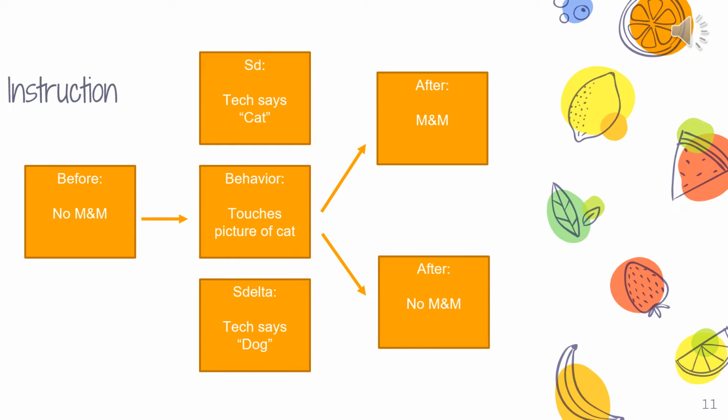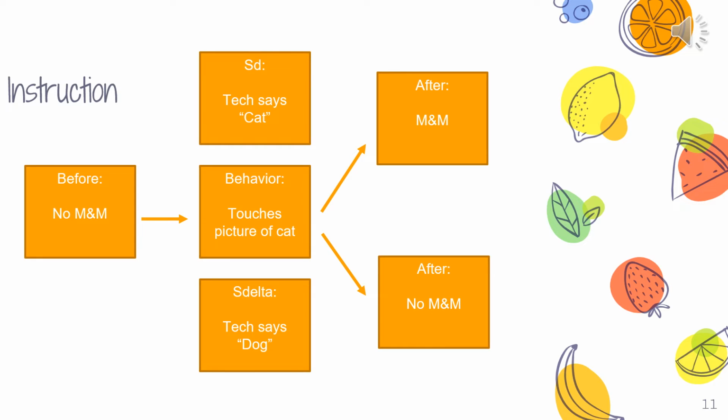Here we have a contingency for receptive ID where the SD is an instruction. Before, the student has no M&M, and only in the presence of the technician saying cat will the behavior of touching a cat be reinforced with an M&M. However, if the student were to touch a picture of a cat in the presence of the S delta condition, the technician saying dog, the student would not receive an M&M.